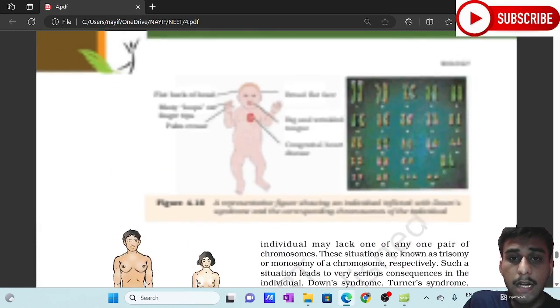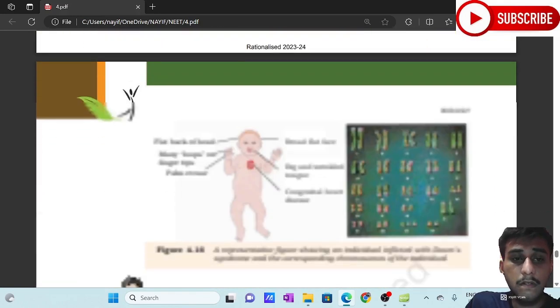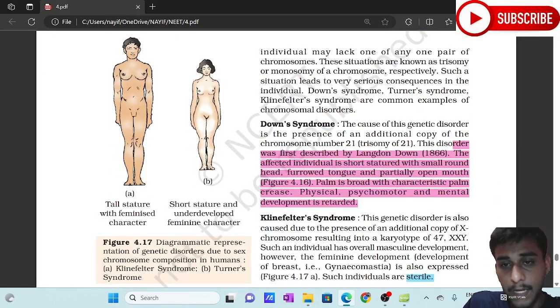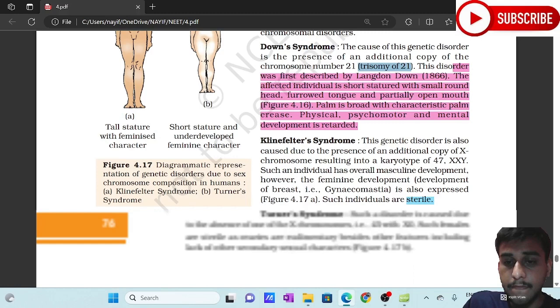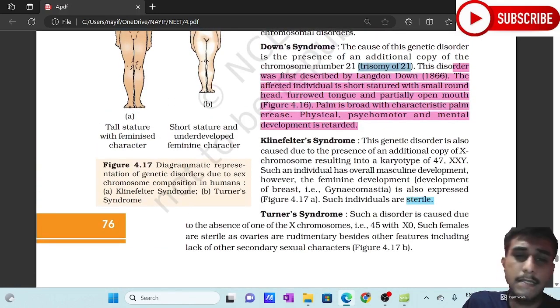First, in your textbook, the discussion is about Down syndrome. Down syndrome, I said, is a 21 copy. It is an example of trisomy. What are the symptoms?